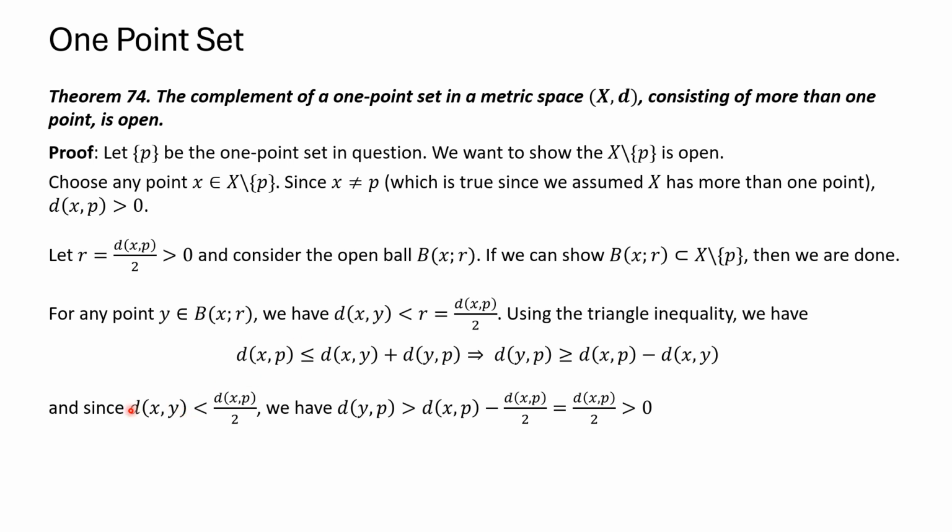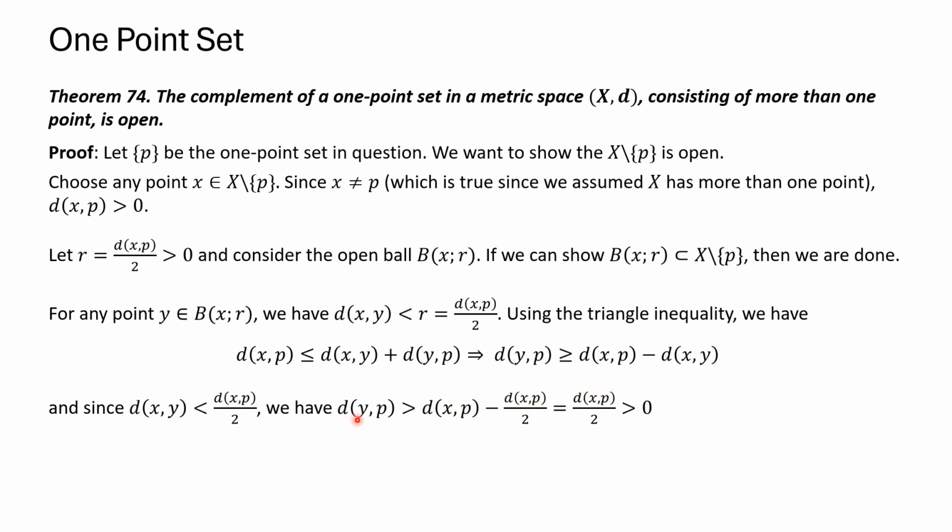And since the distance from x to y is less than r, where r is equal to the distance from x to p divided by 2, we can substitute this in here. If this is greater than this term minus this term, and we put in something smaller here, this is still greater than this. And of course, when you subtract this, you get this here.